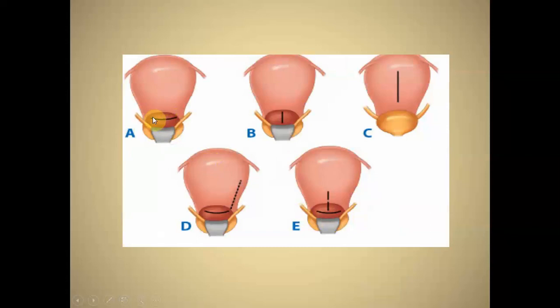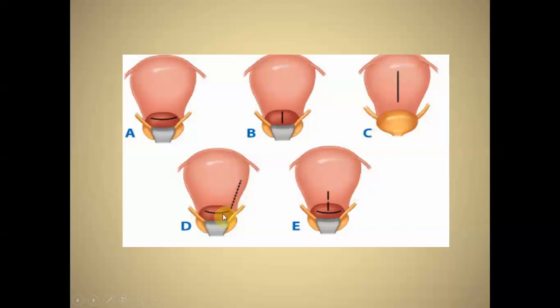This picture, in A, is the lower segment cesarean section, and this type is also lower segment but longitudinal. It also has lesser bleeding and heals easily. But this is the classical one, which has much bleeding, is difficult to heal, and has a risk of uterine rupture.